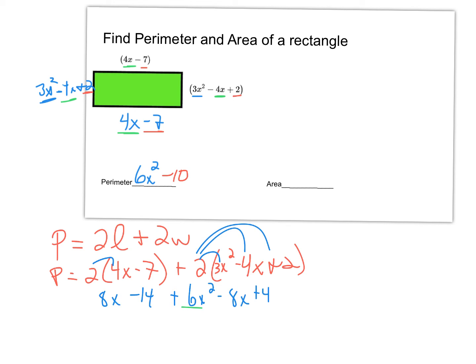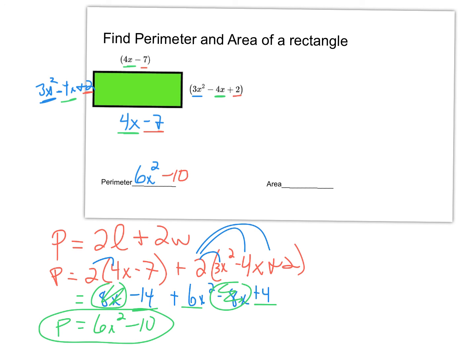So perimeter equals 6x squared. 8x minus 8x cancels. And then negative 14 plus 4 is negative 10, as we got above. Okay, so again, it really doesn't matter how you do it, as long as you're getting the correct answer.